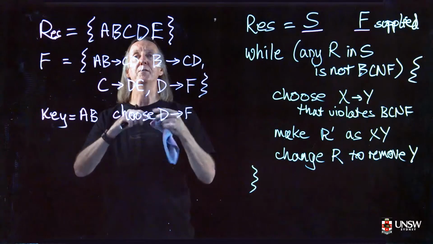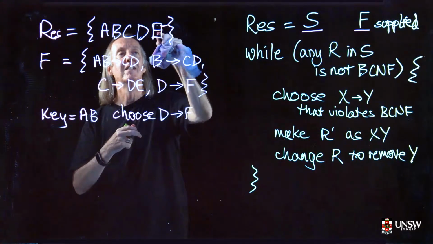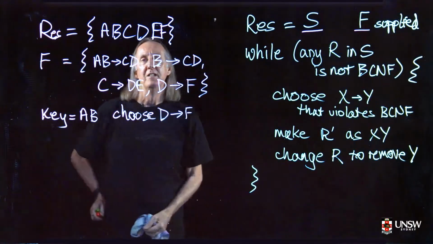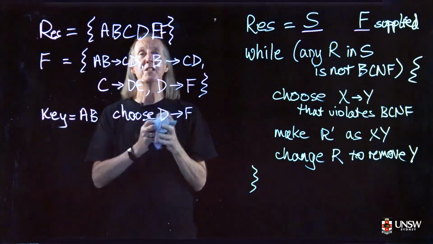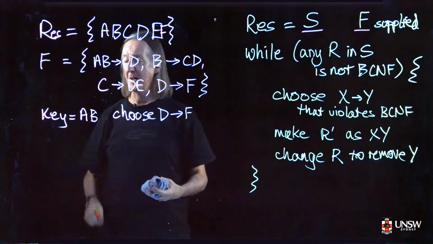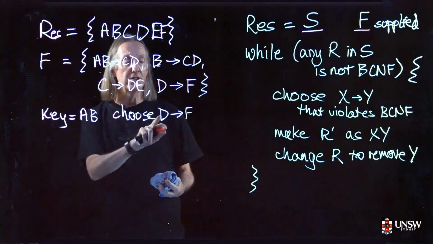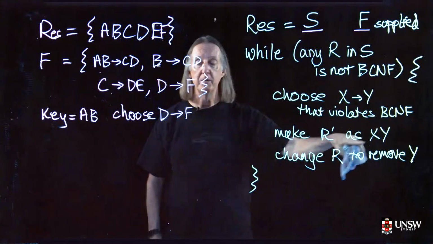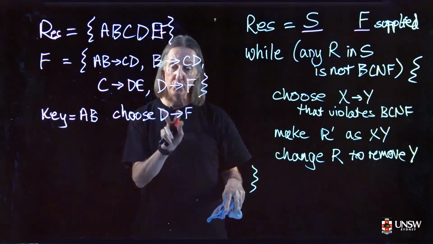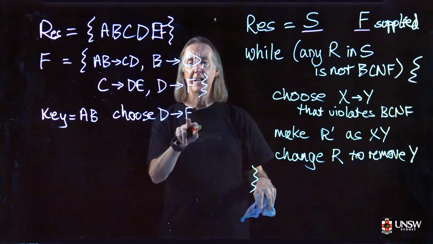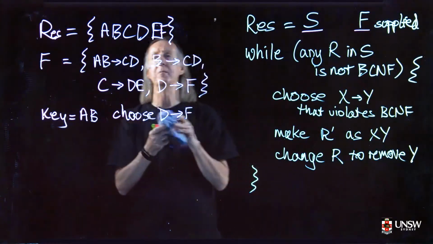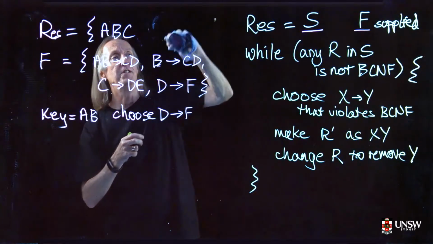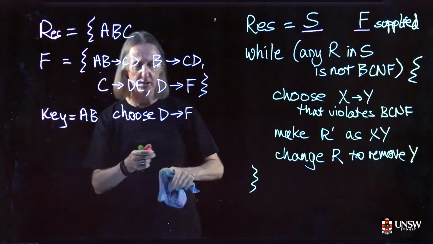Oh, I left out F. All right, so we had an attribute F there as well. It's a bit messy, but I'm about to rub it out, so it doesn't matter. Okay, so we've chosen D to F. So according to our algorithm over here, we make a new table that contains DF, and we remove F from this original giant table, if you like.